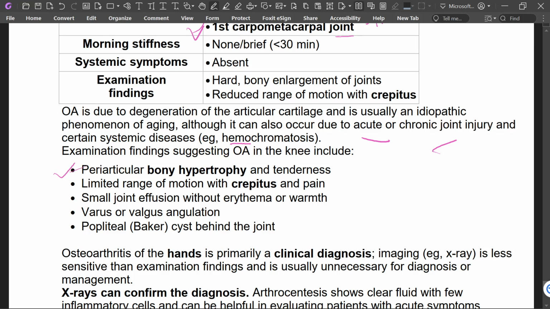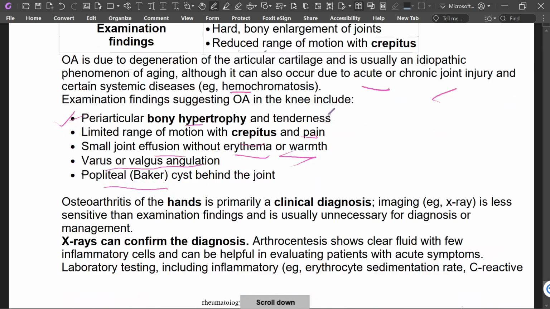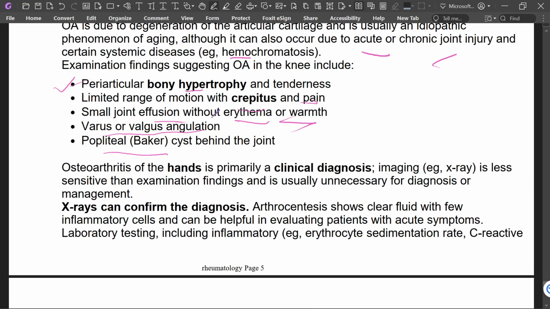Examination shows periarticular bone hypertrophy, tenderness, limited range of motion with crepitus and pain, small joint effusion without erythema and warmth, varus or valgus angulation, and a popliteal or Baker cyst behind the joint.